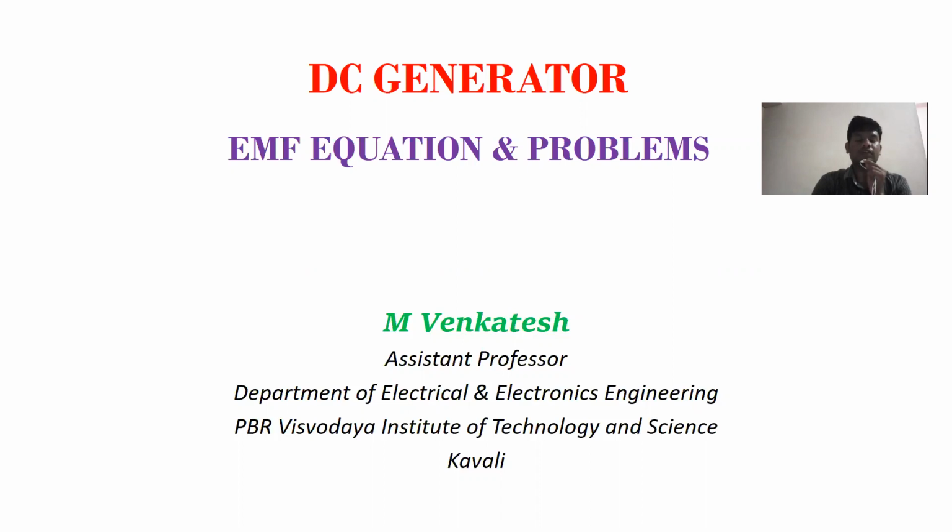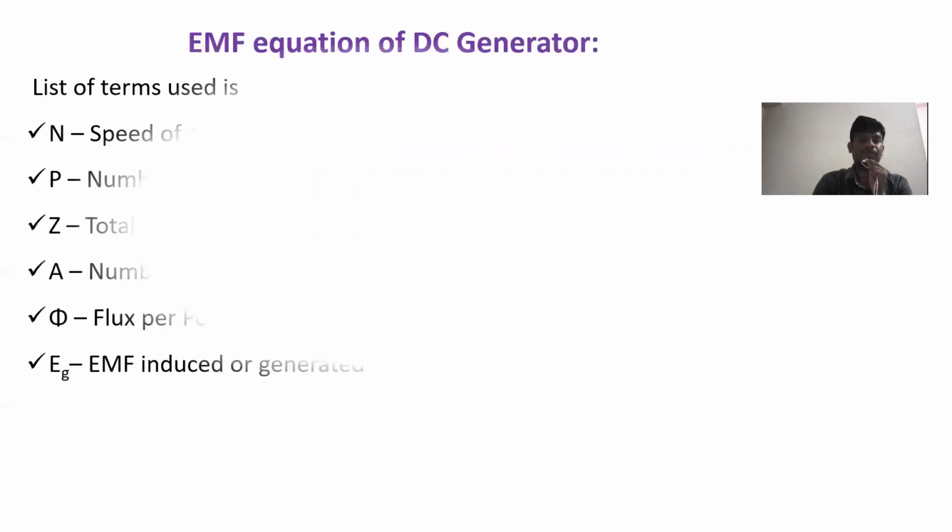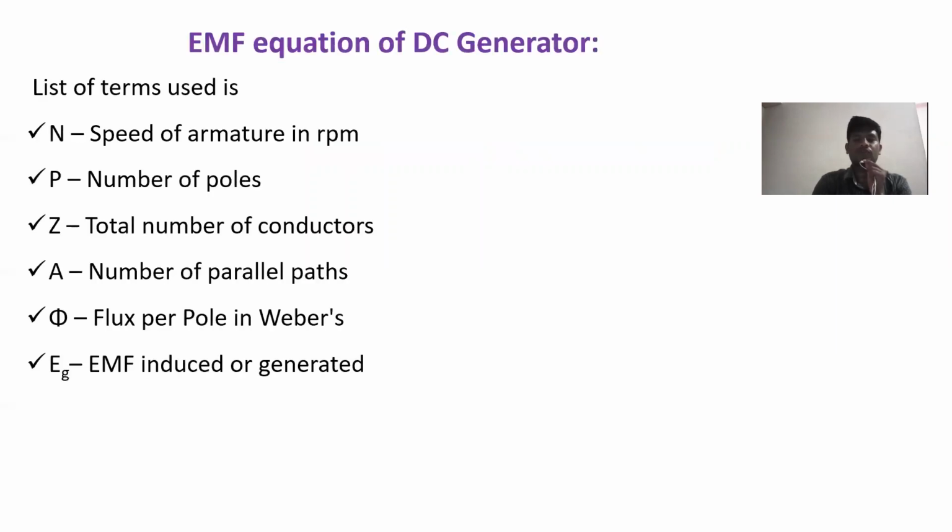So how to derive this EMF equation? Let us see the EMF equation of a DC generator. In this EMF equation of a DC generator, there are some terms. So what are they?